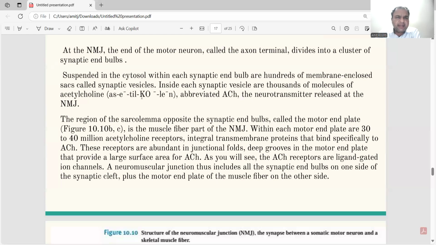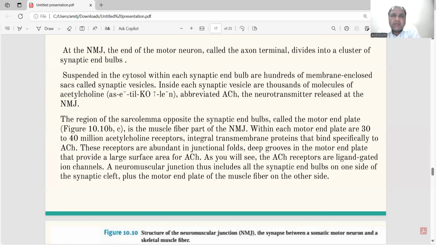Inside each synaptic vesicle are thousands of molecules of acetylcholine, abbreviated ACh. Acetylcholine is a neurotransmitter.